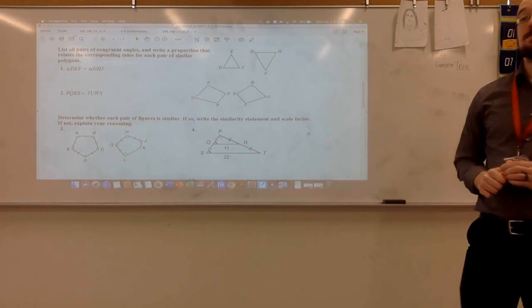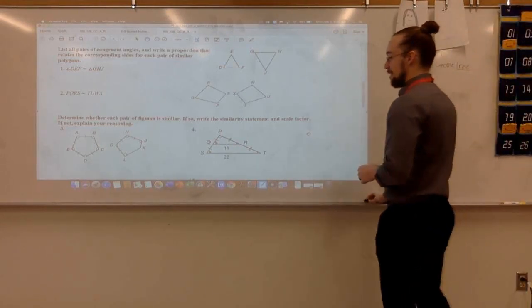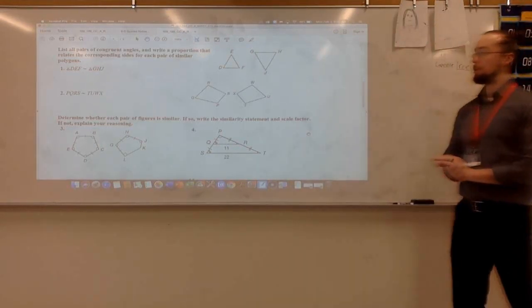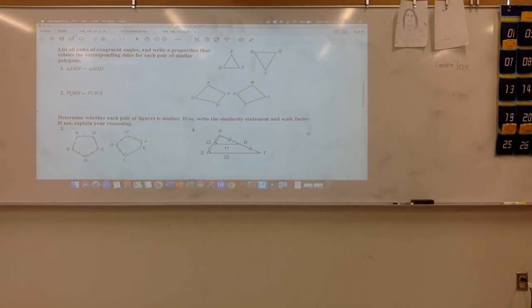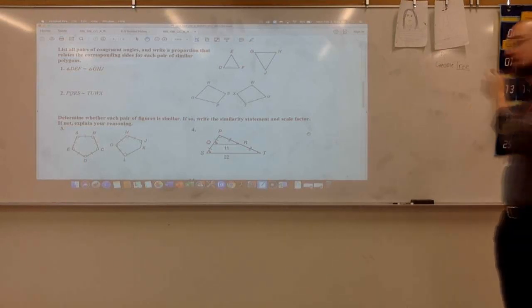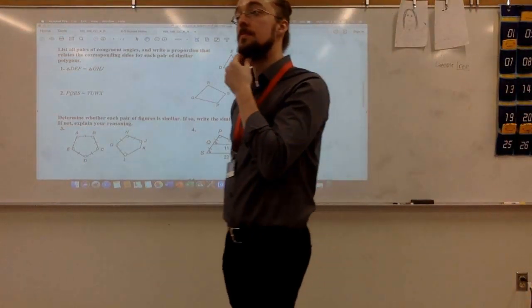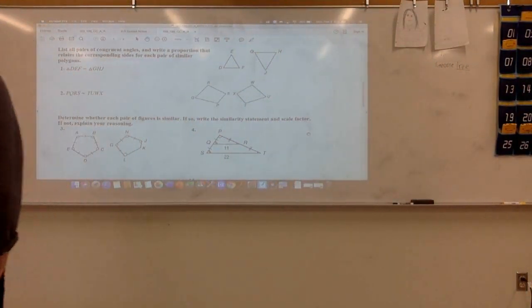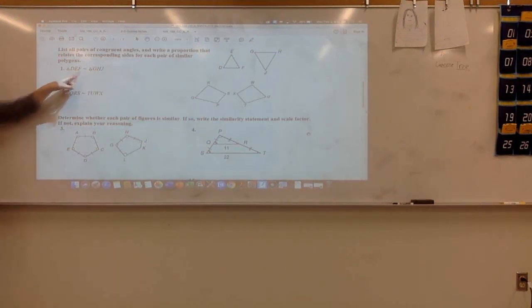Let's try 1 and 4 here. Because for one, we're told they're proportional, or they're similar. So we know that the angles are congruent and the sides are proportional. Just want you to list them out.